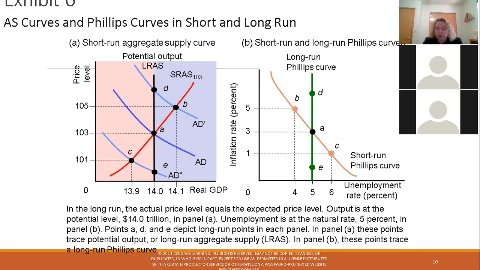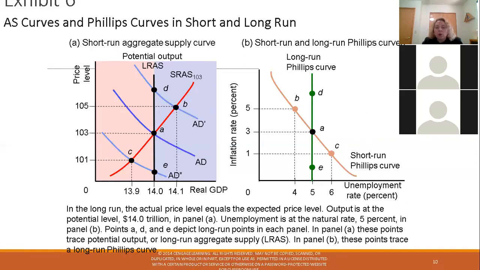We end up back at potential output, where unemployment is exactly the same at A, E, and D. It's all at 5%, right? But then look at the different inflation rates over to the left of the graph. Because in the long run, everything corrects itself, right? We end up right back where we're supposed to.